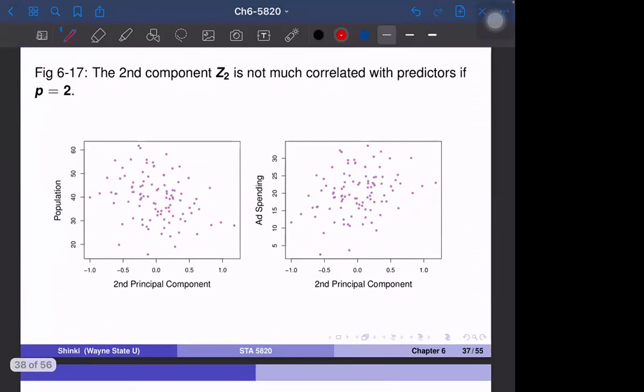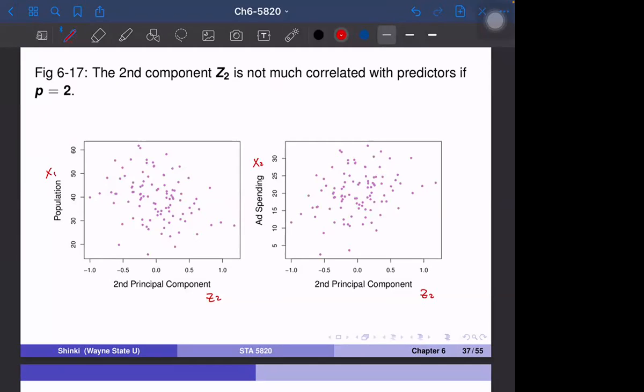And on the other hand, for the second principal component, we only have two predictors. So the second principal component carries the least representative information of X1 and X2. The correlation between X1 and Z2 is very small in absolute value, and X2 and Z2 also have almost no relationship.